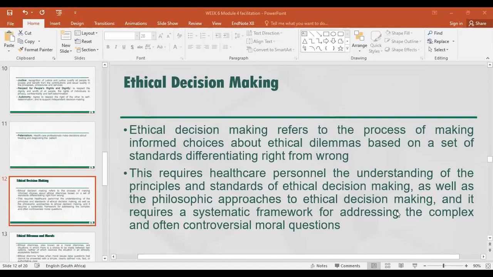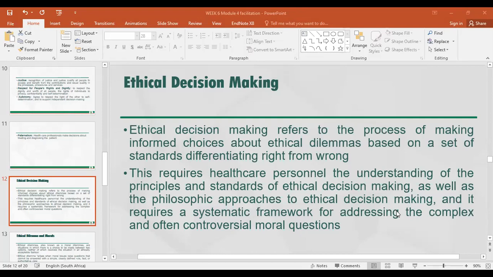You have standards differentiating right from wrong, and you need to make a decision. And so this is when ethical decision making is very vital. You are in a dilemma, you have to make a decision, and it's important that you apply the ethics. Nursing ethics plays a vital role in this kind of situation.